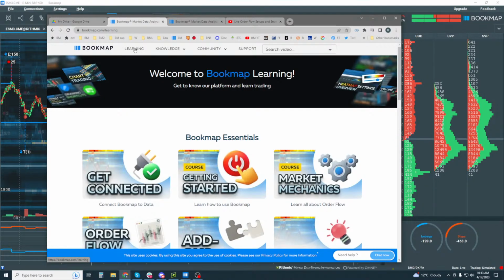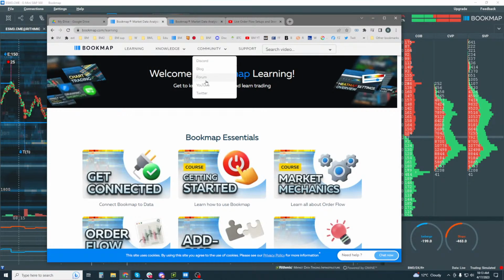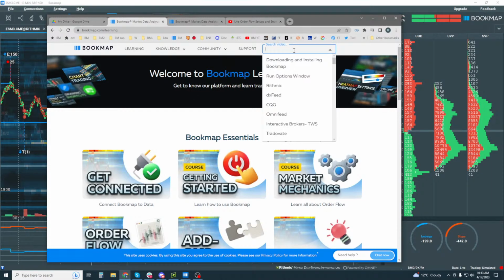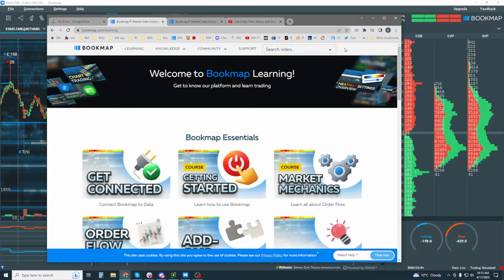The top toolbar has the knowledge base, symbols guide, and glossary. Under community, you'll see all the different communities: we have a blog, our Discord channel, forum, YouTube, Twitter, and our support pages. Also, you can search for videos. If you're looking for something, you can find it in the drop down or just search for it. This is only for the videos within this page. So you should be able to find what you're looking for in this new learning center.